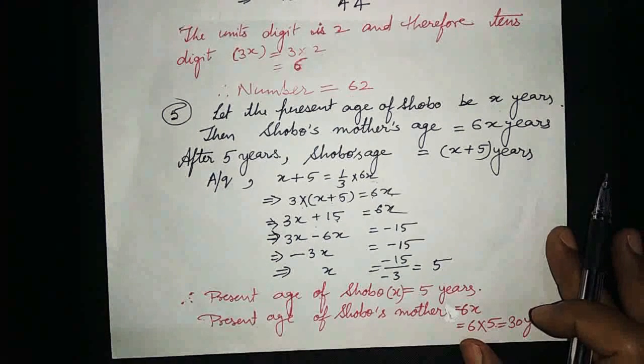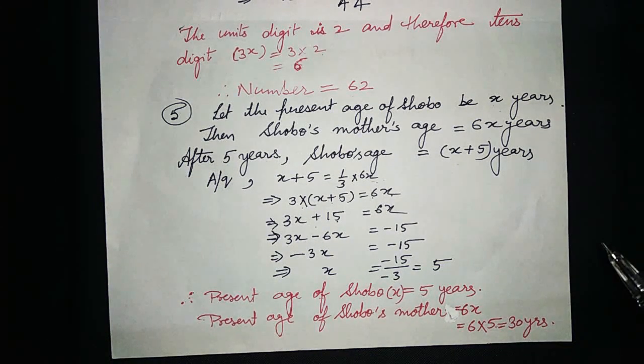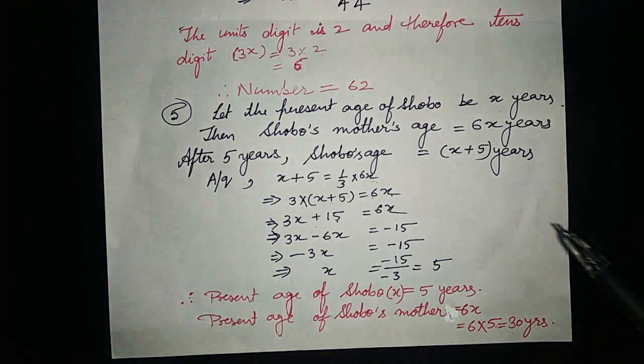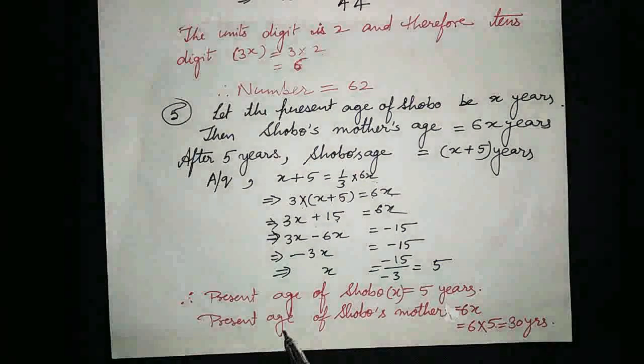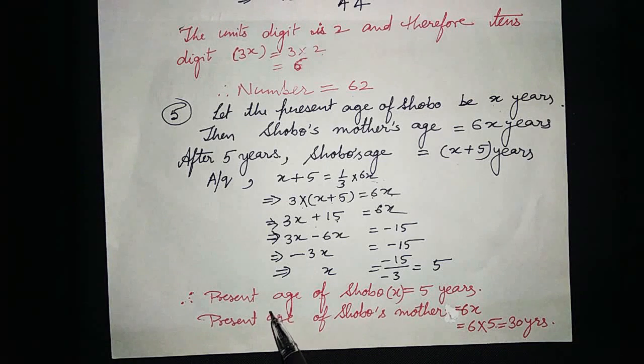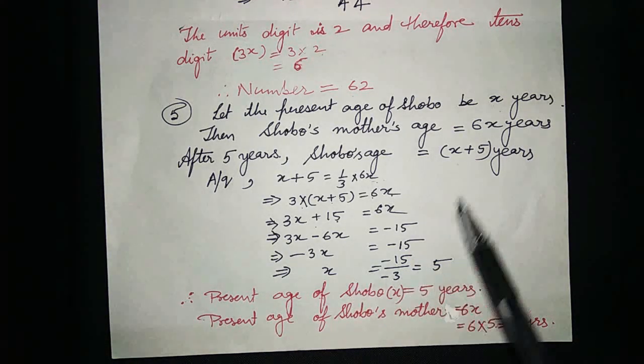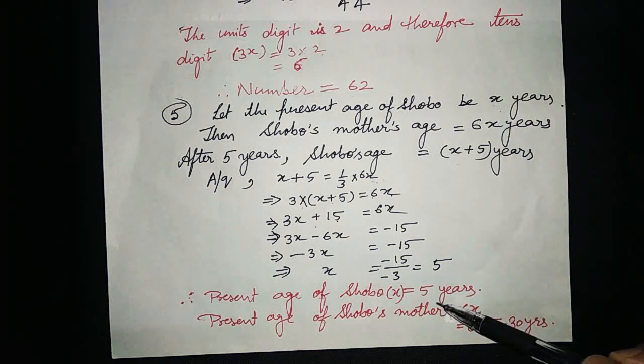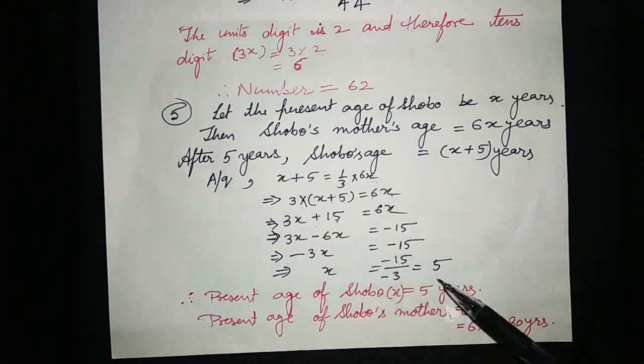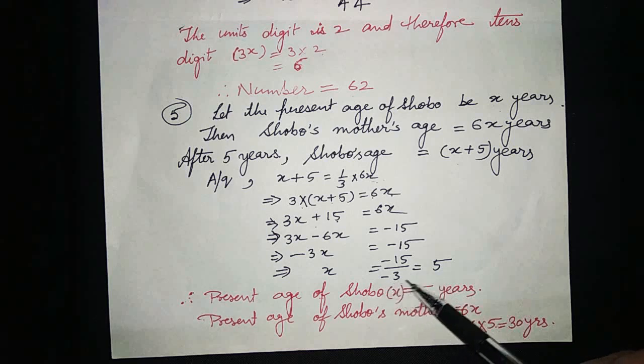Now what is your question asking? The question is asking what are their present ages. So for their present ages, what will we do? For the present age of Shoboz, we will put the value of x here. So we will get 5. Already we have calculated here Shoboz's age.